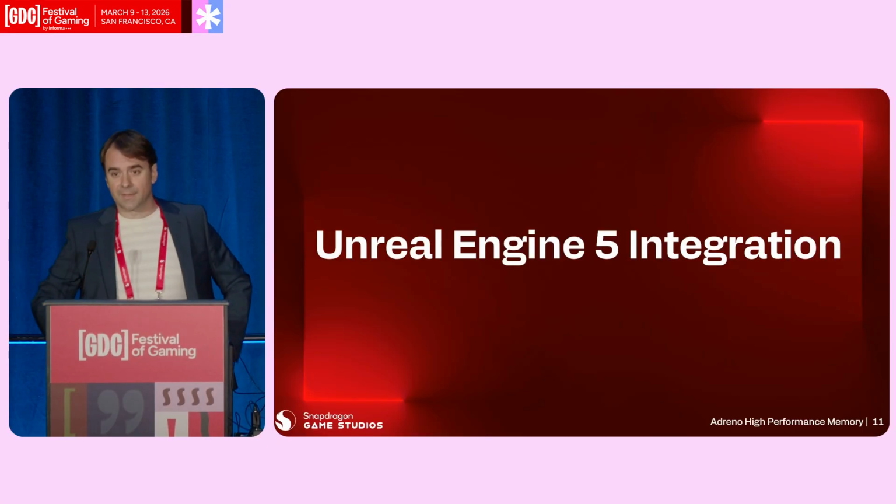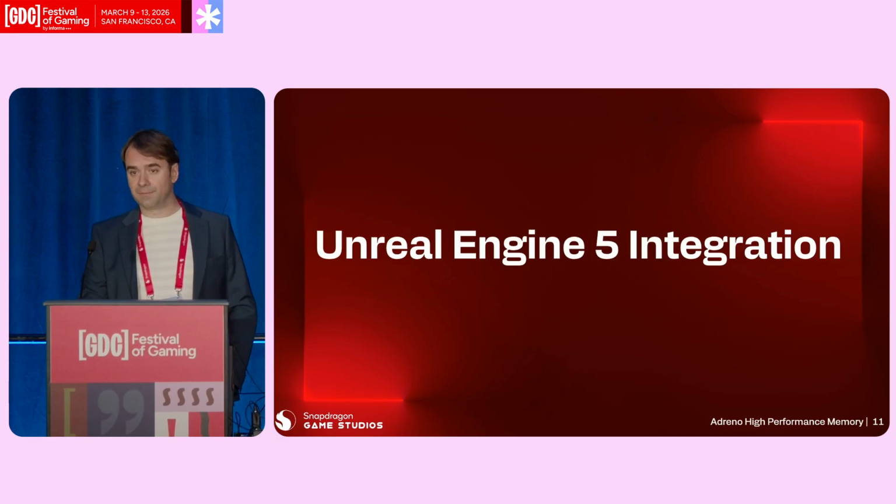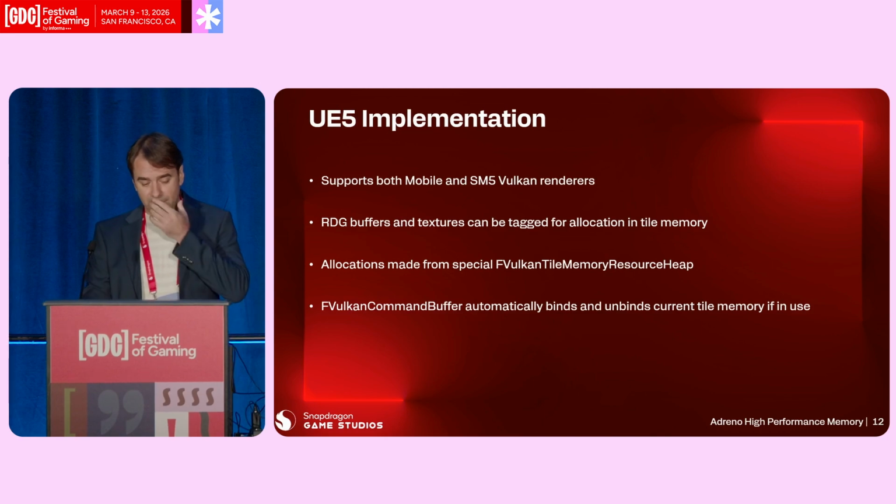Thank you, Srihari. I'm Chris from Snapdragon Game Studios, and I'm going to walk you a little bit through our Unreal Engine 5 integration. Because the tile memory heap works a little differently from the rest of the heaps, specifically it is very small, it's only meant for transient allocations, and all the allocations overlap and start at index 0, or offset 0 rather, it seemed more trouble than it was worth to reuse the existing tile heap objects in UE5.